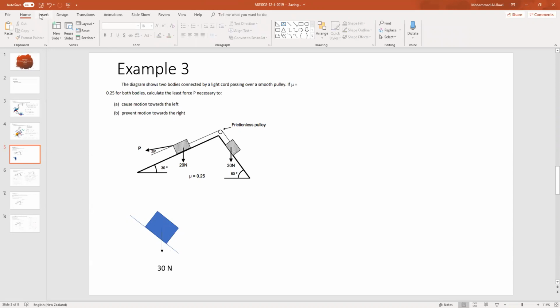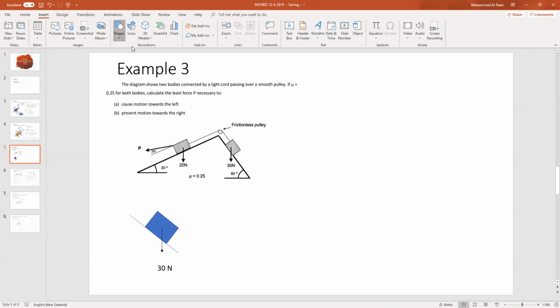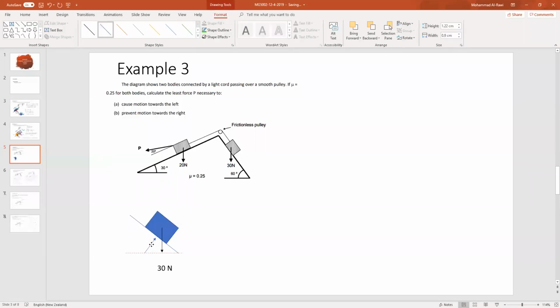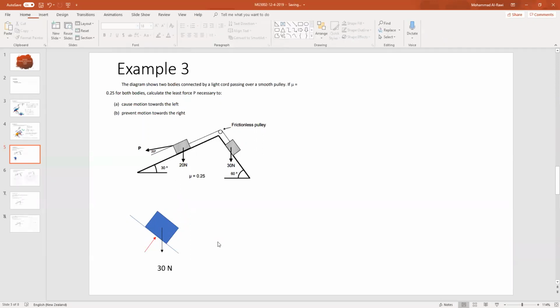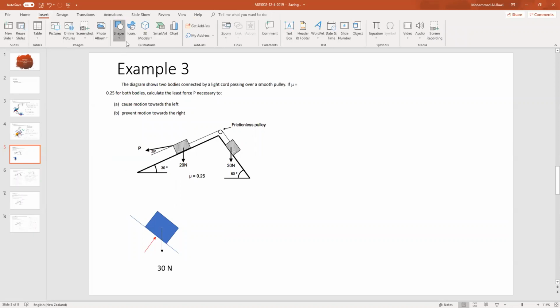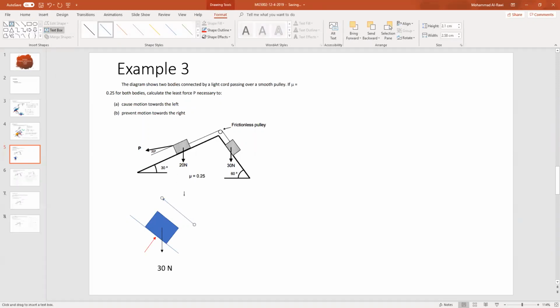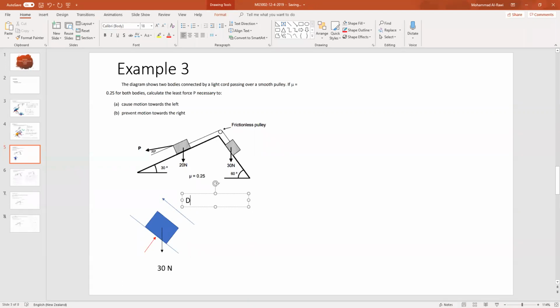Also we need to identify where my normal force is. So this one is my normal force, I will give it red. If that's moving towards the left, then the direction of motion is going upwards. So that's the direction of motion, so I'll type DOM, direction of motion, and rotate that so it looks normal.